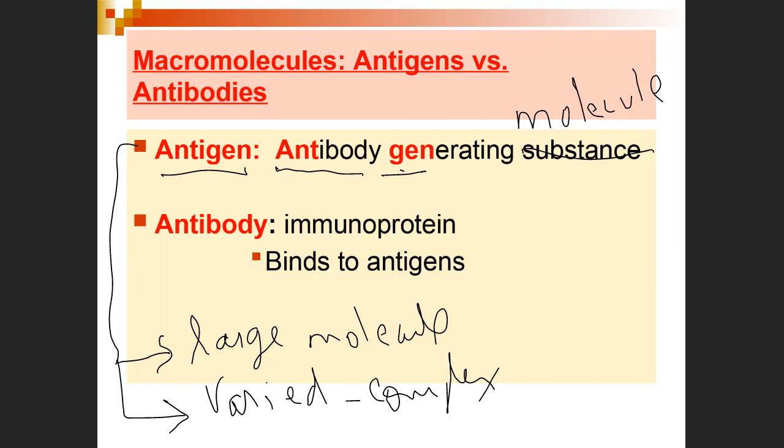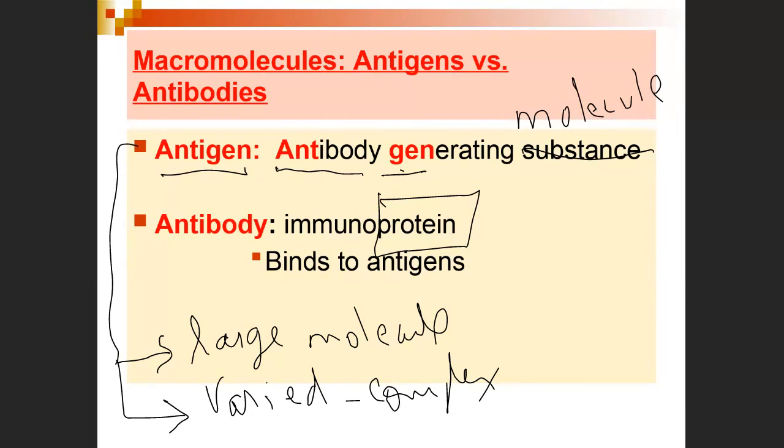Notice that antibodies are proteins, which are large, complex molecules. So that tells you immediately that antibodies could act as antigens in an immune system. When an immune system is exposed to an antibody that is foreign to that immune system, the immune system will create antibodies against an antibody.